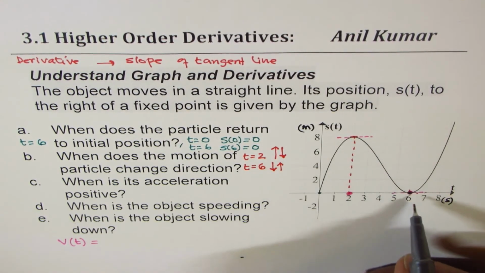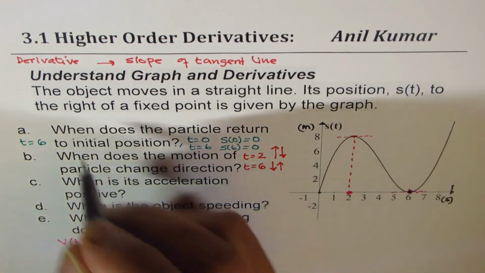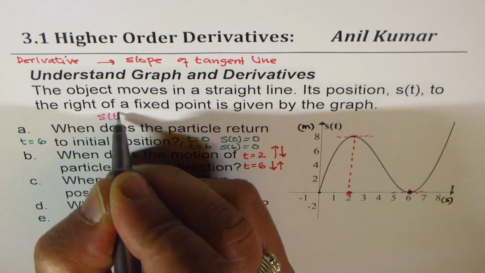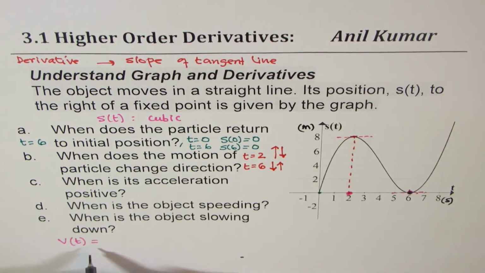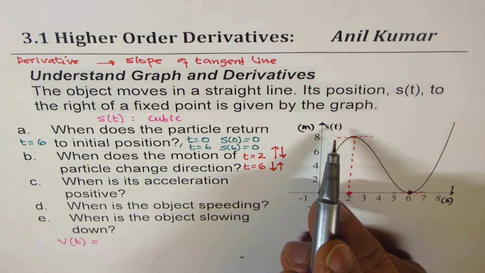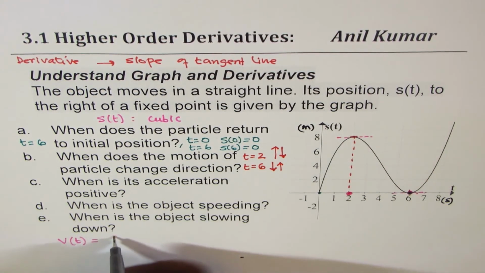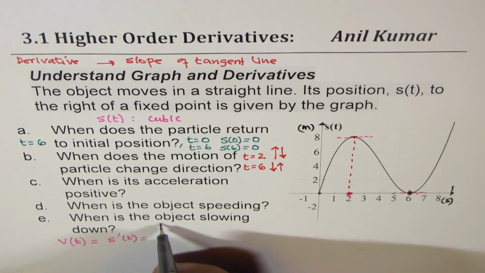As you can see from the curve, s of t is kind of a cubic function. So what we note here is that s of t is cubic. So the velocity, which is the derivative of displacement, is expected to be quadratic.